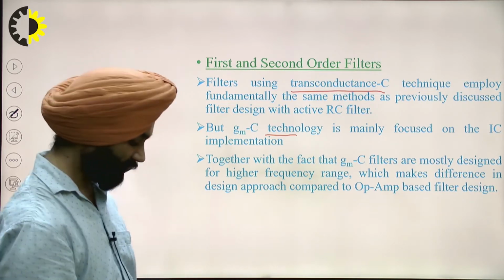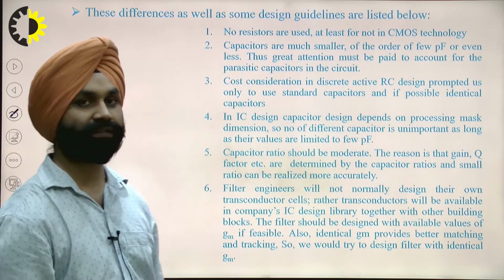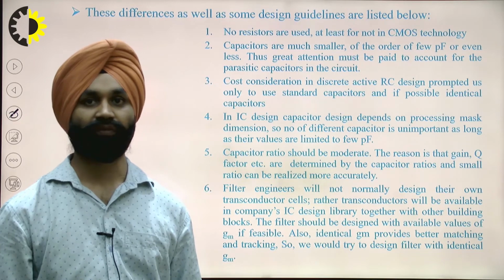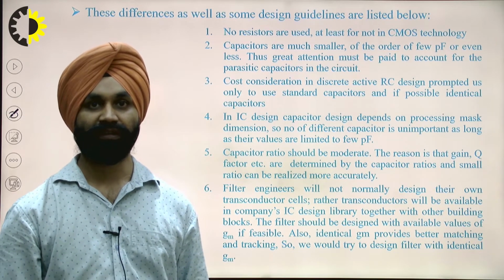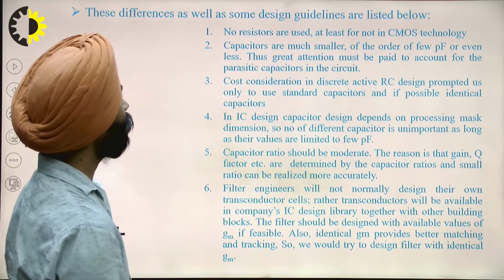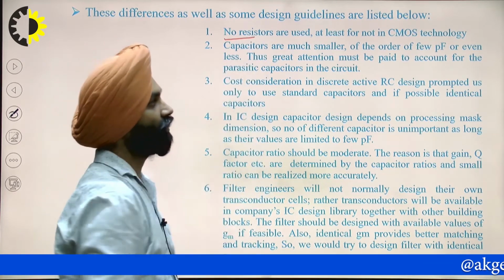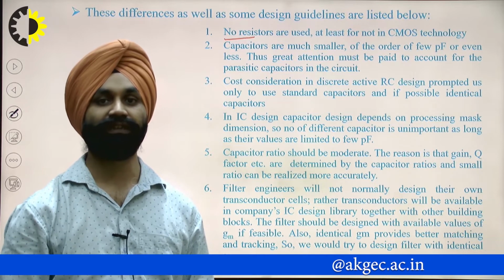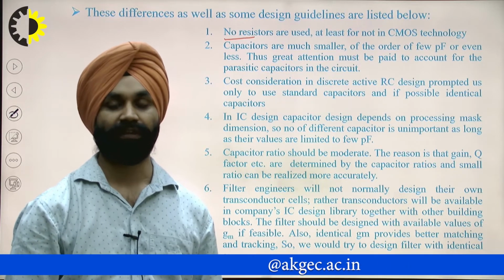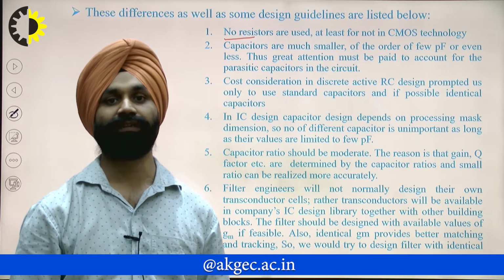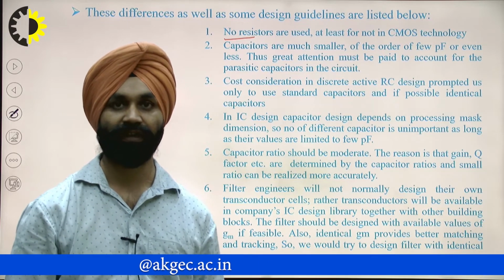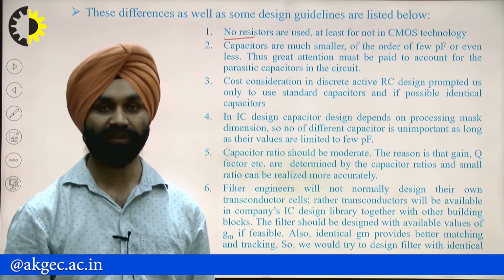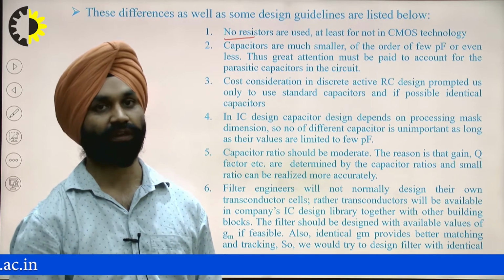So if we compare the two different technologies, first thing, resistors are not used for CMOS technology, because we have seen transconductance can be created using CMOS, and from that transconductance we can create resistors. So no resistors are to be used in this technology.